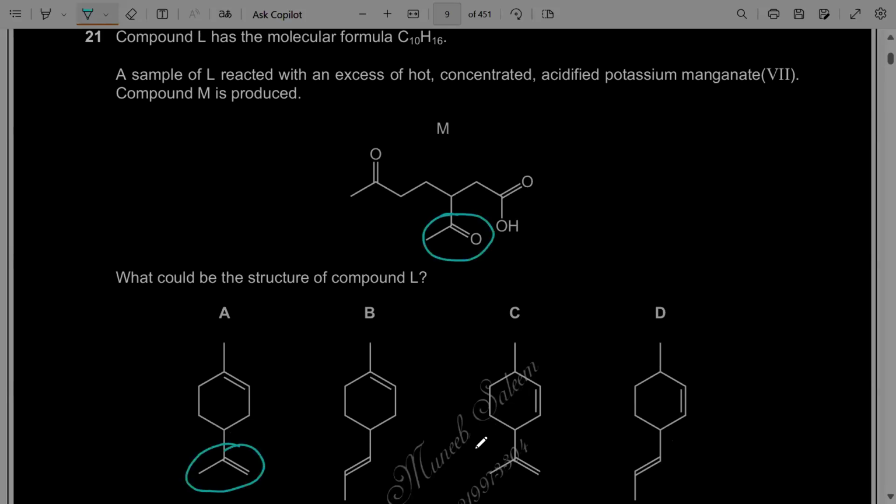So we can identify which of these 2 structures is the same, because these 2 structures are repeated in C and D. So one of these 2 is the correct one.